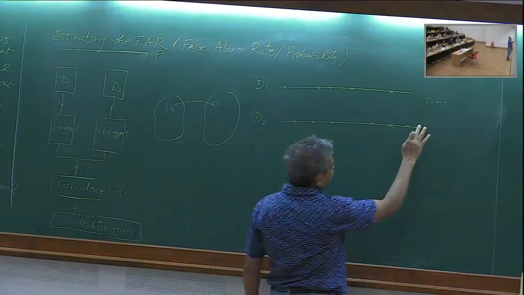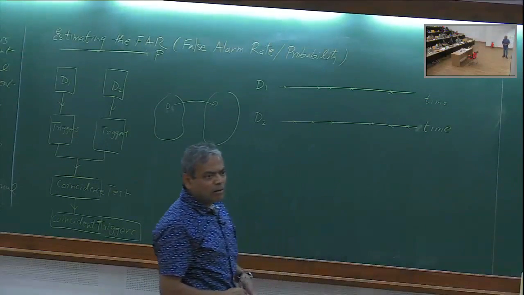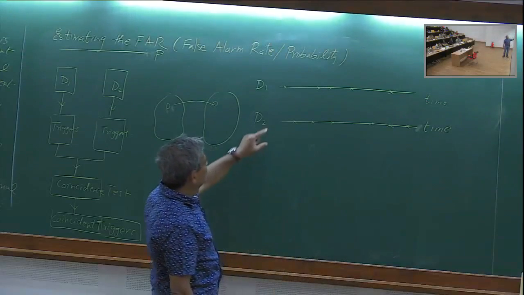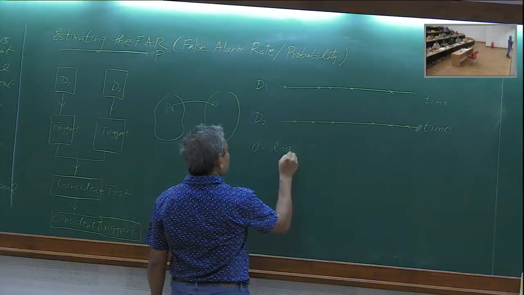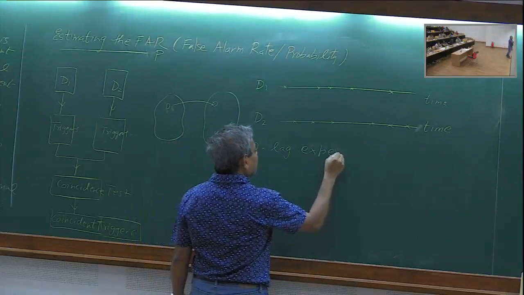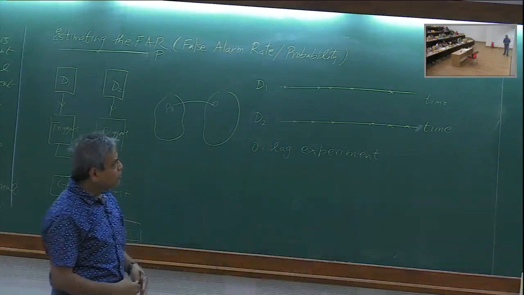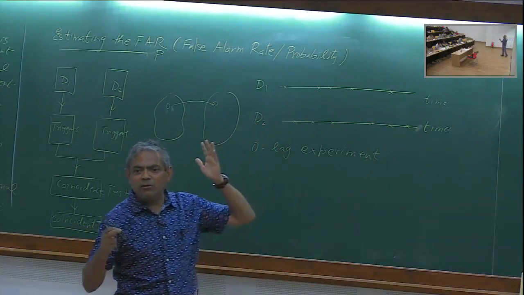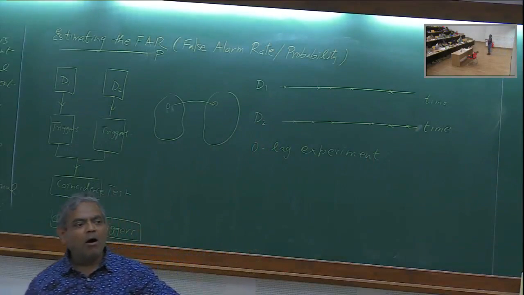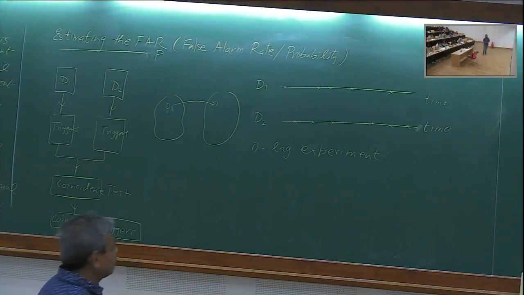This is real time. Your so-called zero lag experiment produces coincidences that could be potentially true gravitational wave triggers or might be false alarms. We don't know that. They contain both.